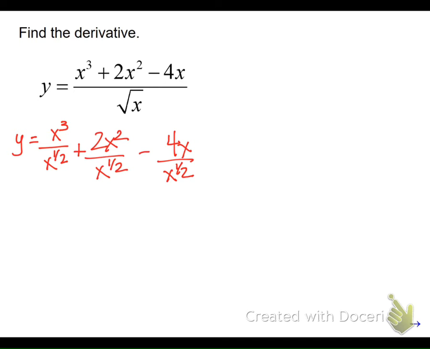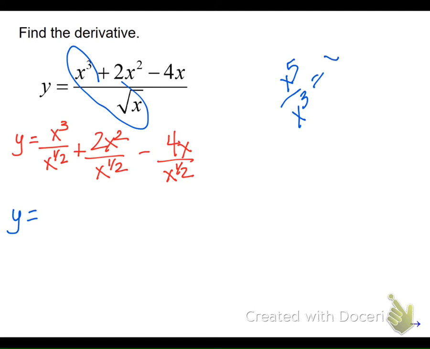Okay, so first, split up each term. And remember that the square root of x is the same as x to the 1/2 power. And just put each term over the square root of x. Then simplify it further by subtracting your exponents. This is the same as if I had x to the 5th over x cubed.